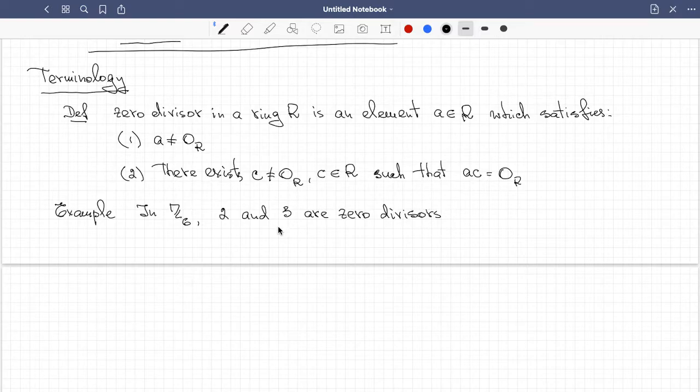Neither of them is zero, but their product is 6, which is 0 in this ring.